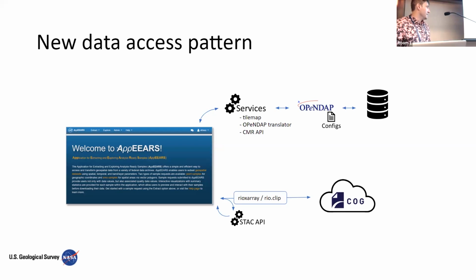In the COG pathway, we're leveraging utilities that are openly available in the Python environment, things like rioxarray and clip, to make those variable subsetting and spatial subsetting abilities available through AppEEARS, and using things like the STAC APIs and the CMR API to find those assets that we're interested in extracting.